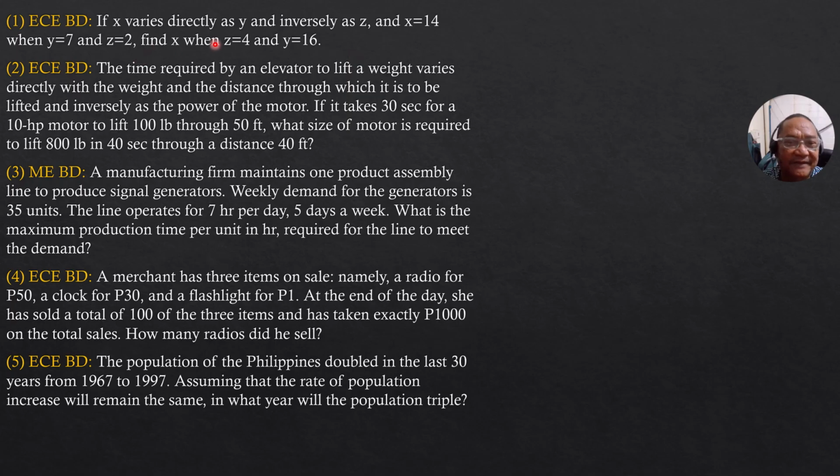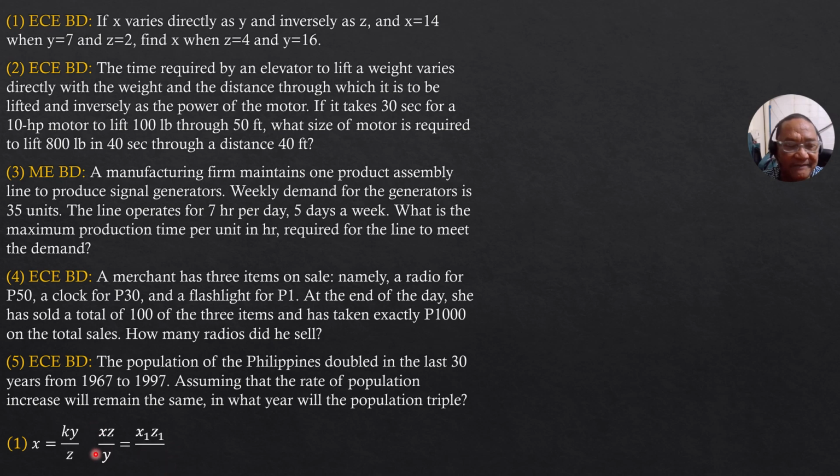So x varies directly as y and inversely as z. So that means x is equal to constant of proportion k times y divided by z. And then if we solve for k, it is xz over y, and we equate that to x1 z1 over y1.